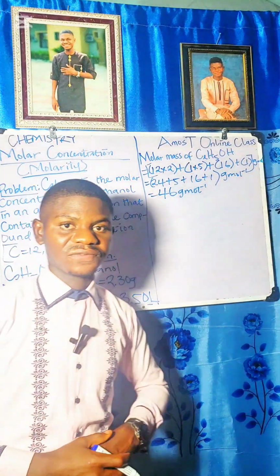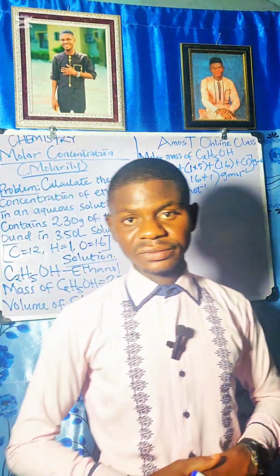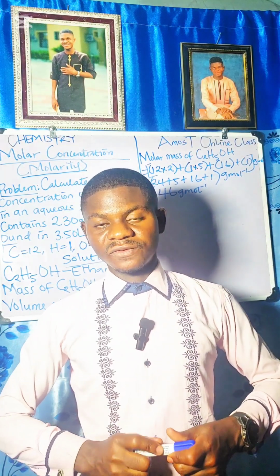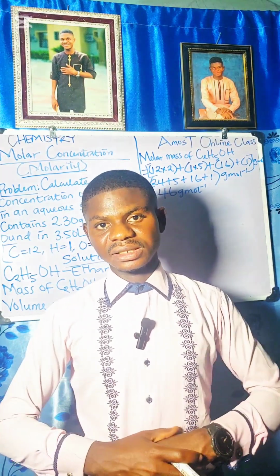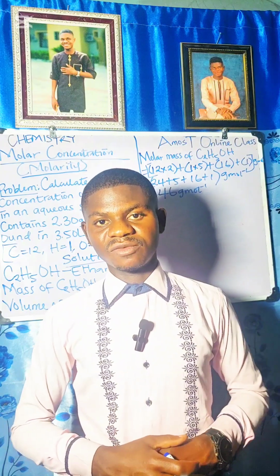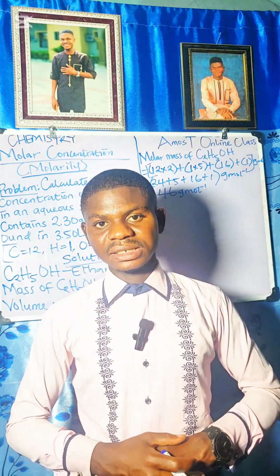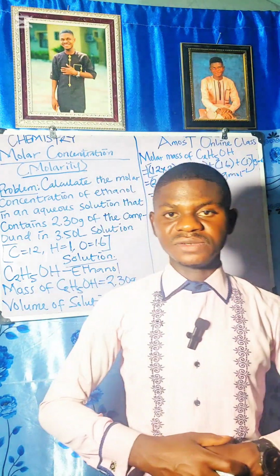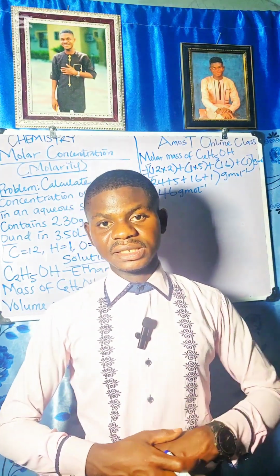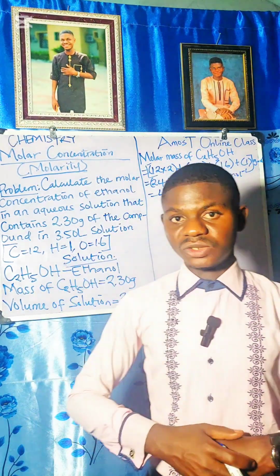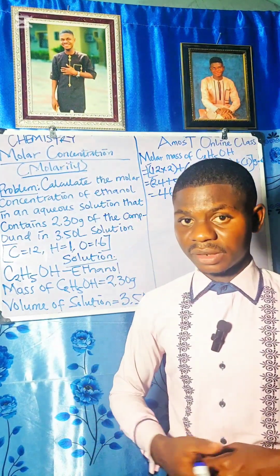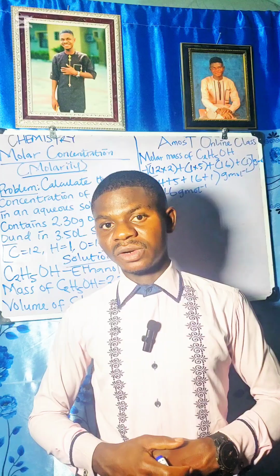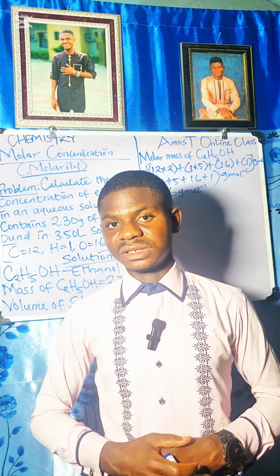The next step is to find the number of moles of ethanol. Now how do we find the number of moles? From our previous classes, I had established that number of mole is equal to mass divided by the molar mass. So for ethanol, we're going to divide the mass of ethanol, which from the question is 2.30 gram, by the molar mass of ethanol, which is 46 gram per mole.